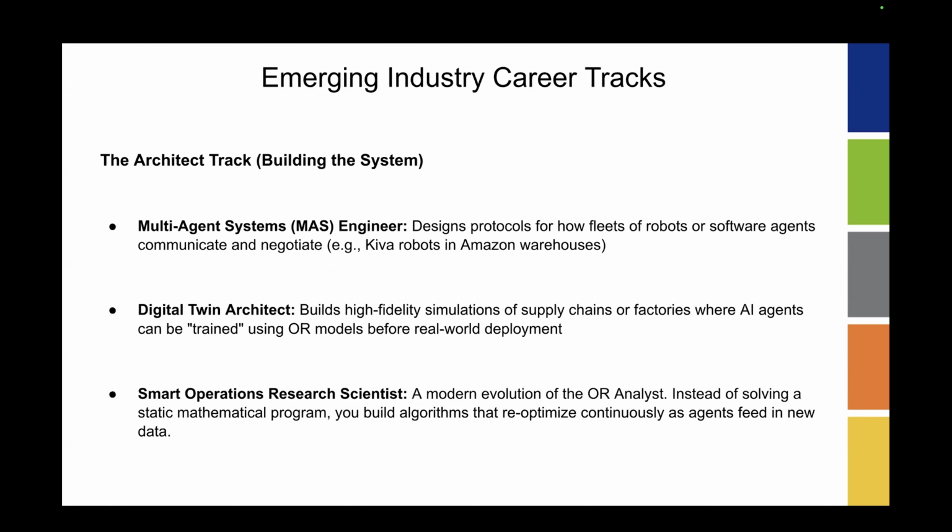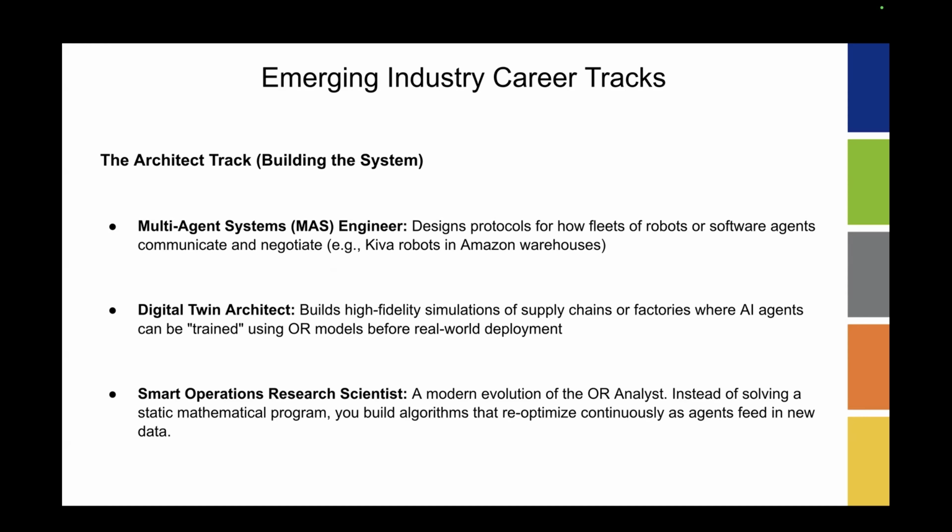The second track is the architect track, where the architects are designing the brain of this AI agentic system. Some of the roles in this area are the multi-agent systems engineer, who designs protocols for how fleets of robots or software agents communicate and negotiate, like Kiva robots in Amazon warehouses.